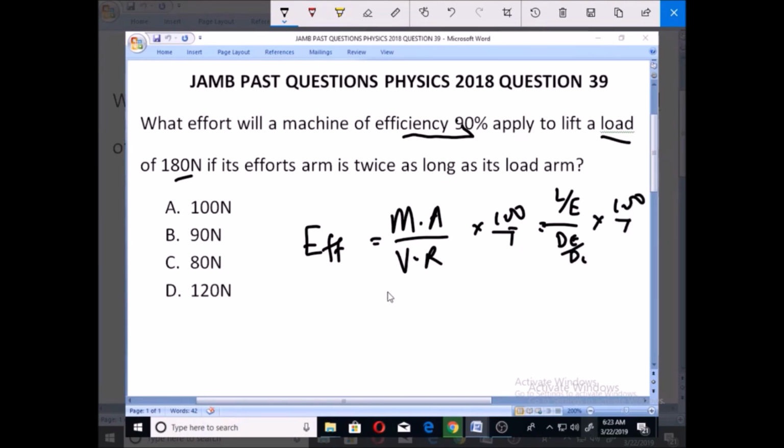So this is the same as this. So we're going to use the one that is more effective in solving our problems.